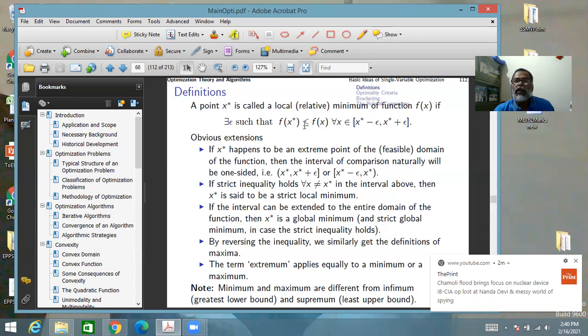That is why we do not need to separately study maximization. We just study minimization, and if maximization happens to be the task, then we minimize the negative of the objective function. Maxima and minima together are known as extrema, extreme values. So an extremum can be a minimum or a maximum.